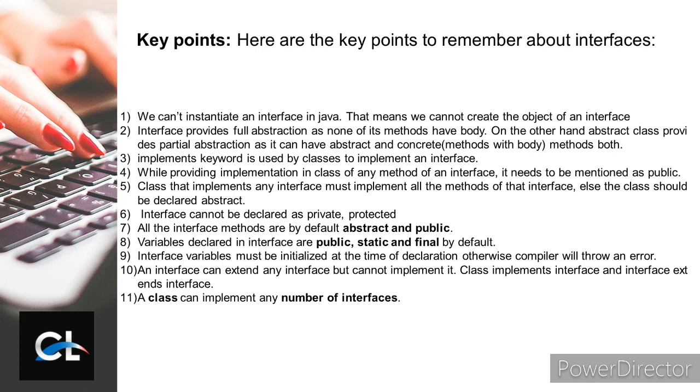Interface provides full abstraction as none of its methods have a body. On the other hand, an abstract class provides partial abstraction as it can have abstract and concrete methods, both methods with body.